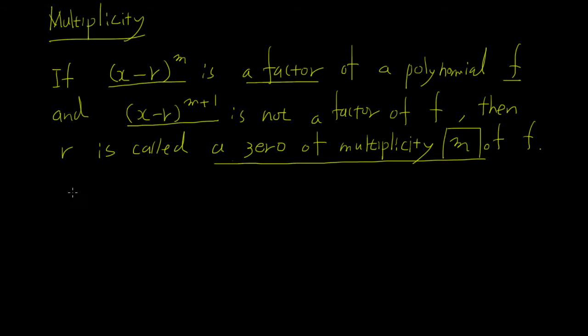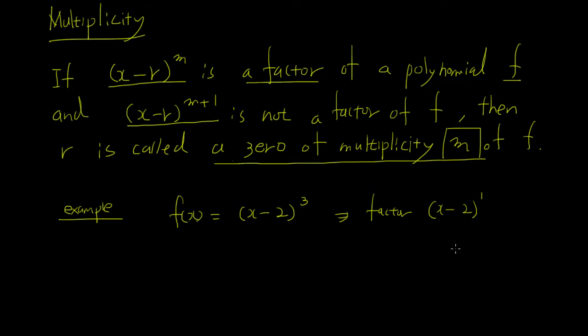Well, let me give you an example. Let's say we have f(x) equals (x minus 2) to the third. Now, what are the factors of this polynomial function? A factor can be (x minus 2) to the 1.